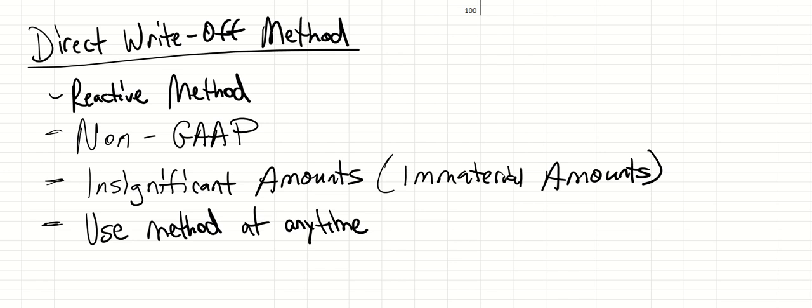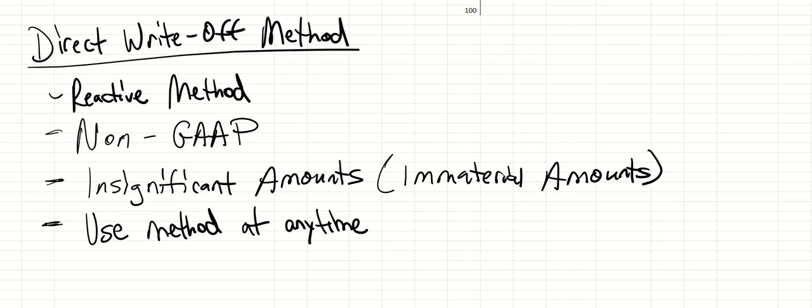But since you're recording the expense in March, which is different from when you recorded the sale, the revenue in January, that pretty much presents a problem here, because the revenue that's generated doesn't match the expense that is associated with it. In other words, the expense for this revenue is recorded in a different period.